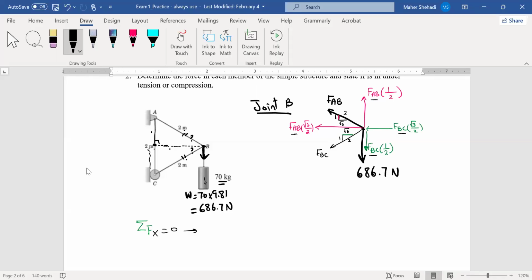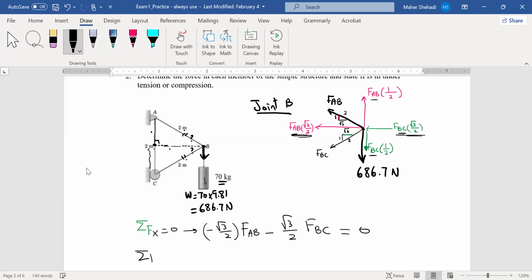The x component would be minus square root of 3 over 2 times FAB, this one, and then minus square root of 3 over 2 FBC. Okay, I have nothing else. So that's equal to 0.